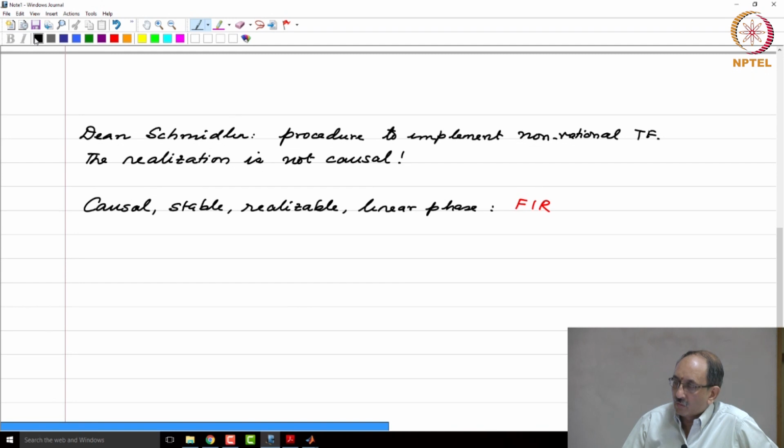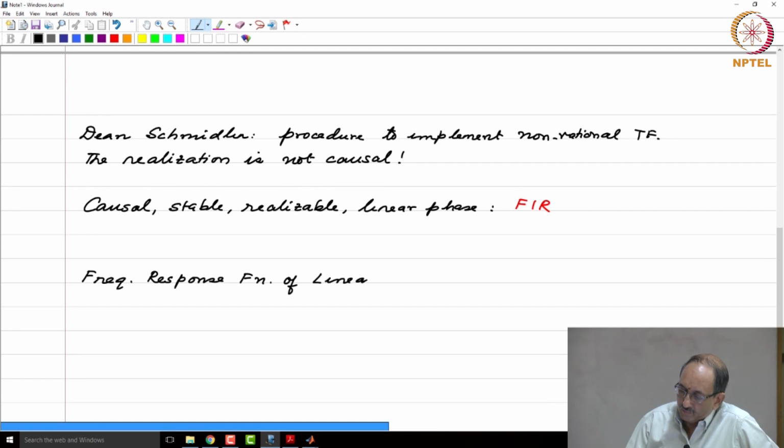Now, let us look at the last segment of linear phase FIR filters. So, we will look at the frequency response function of linear phase FIR filters.